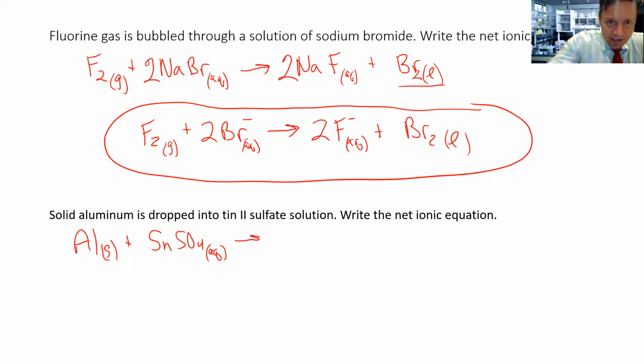And that's going to react to form tin, and this is solid, plus it's going to produce aqueous aluminum sulfate.